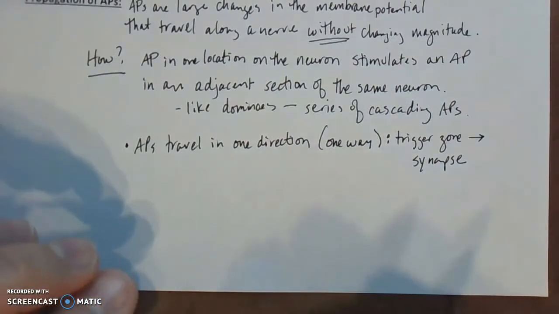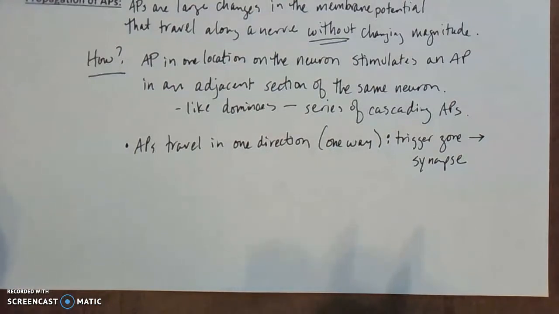So remember, the trigger zone is the start of the axon from the cell body, and the synapse is what occurs after the presynaptic terminals at the other end of the axon. So if a message is coming in from the dendrites or the cell body, it travels down into that trigger zone, down the axon, and out the presynaptic terminals into the synapse. And we'll talk about the synapse a little bit later.